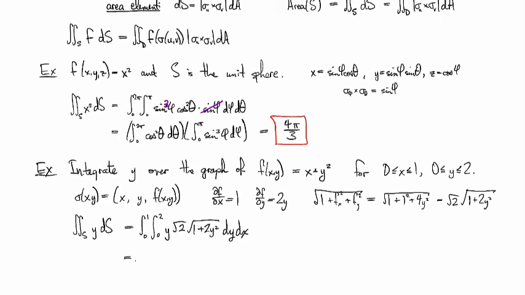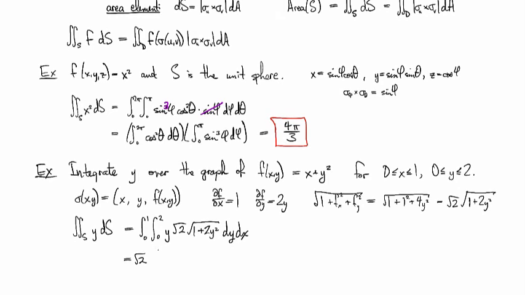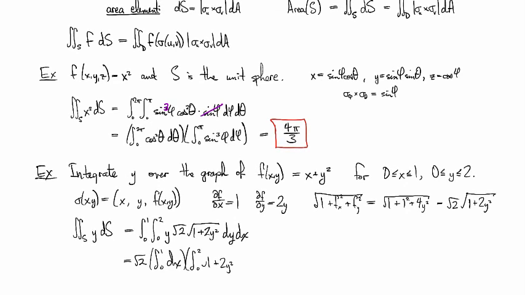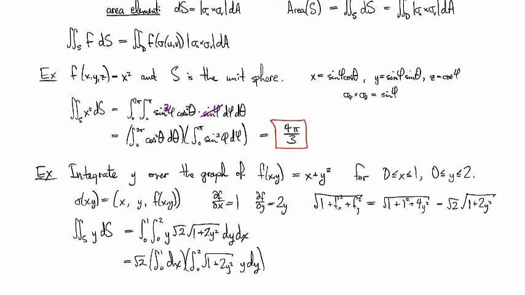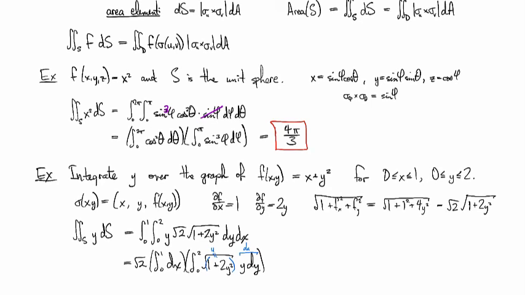So we can pull out the constant root 2, and then we can use Fubini again. The integrand only depends on y, so we can pull out the integral from 0 to 1 of dx, and then we've just got the integral from 0 to 2 of the square root of 1 plus 2y squared, and then y dy. If I take the stuff in the square root for my u, then I'll have my du, maybe with a constant.